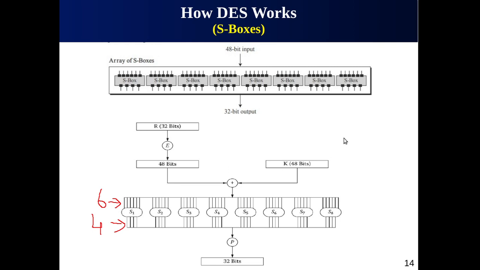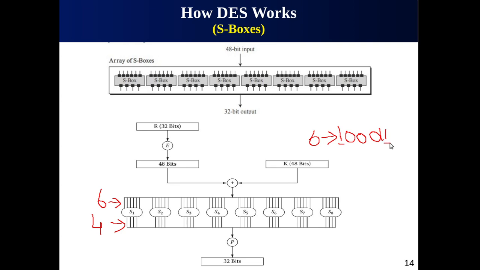We are given, for example, a number like this: 1 0 0 0 1 1. How many bits are here? 6 bits. Okay, so we have a most significant bit and a least significant bit.